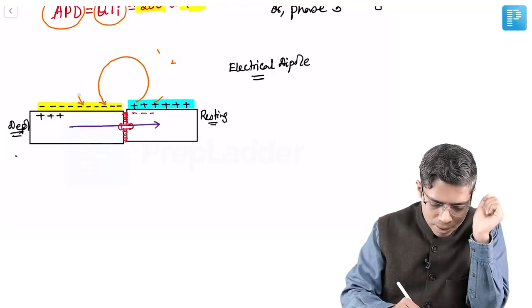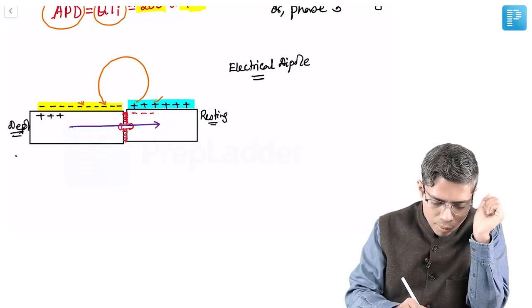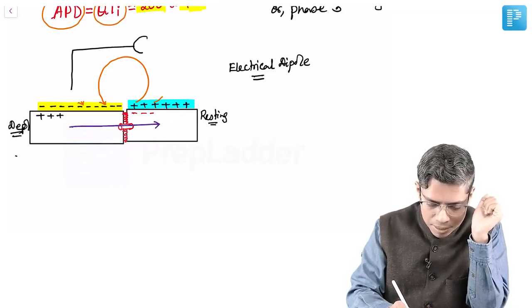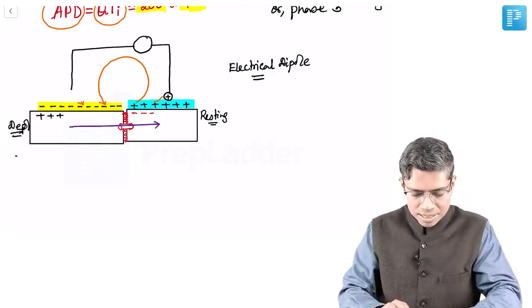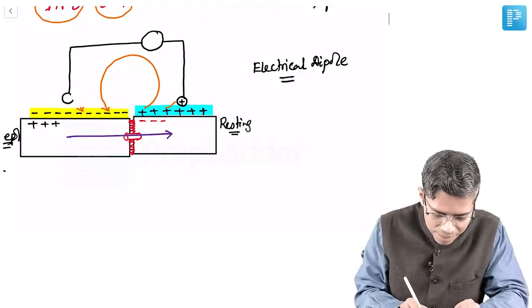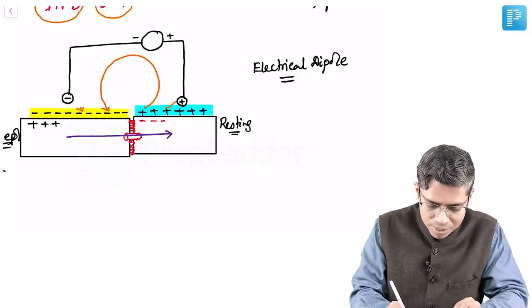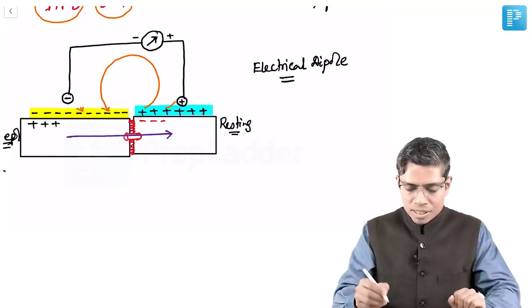To record this potential difference, if I connect one voltmeter on the surface of this myocardium, the positive end of the voltmeter is connected here, and the negative end of the voltmeter is touching here. What is the voltmeter going to do?